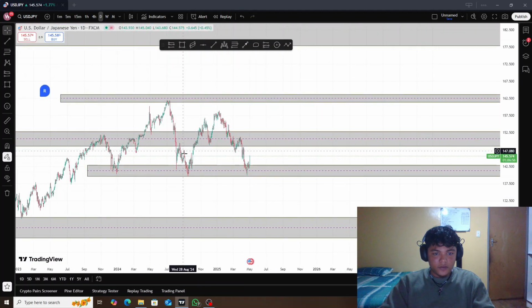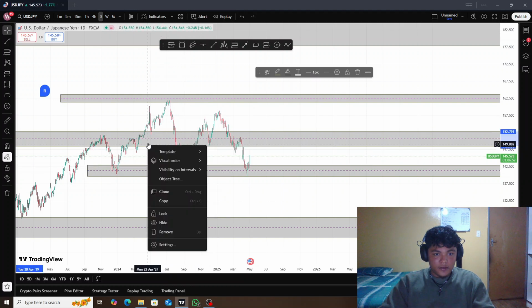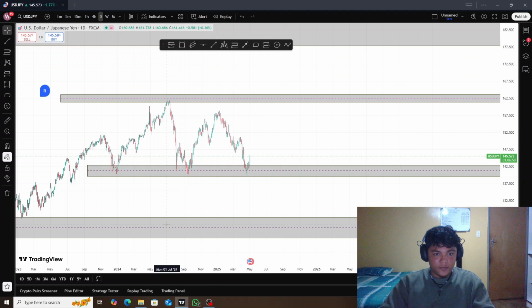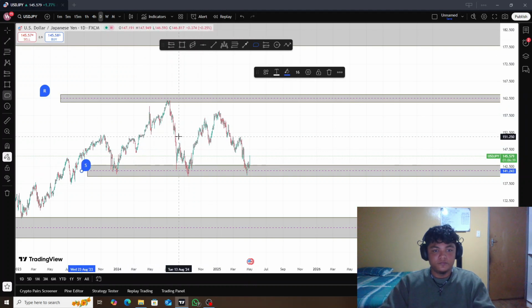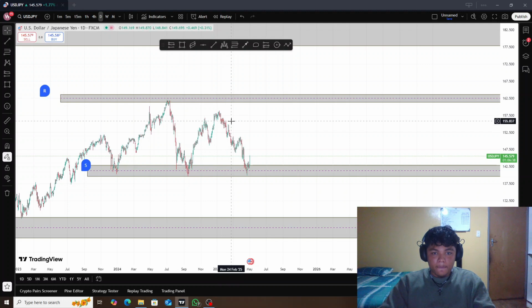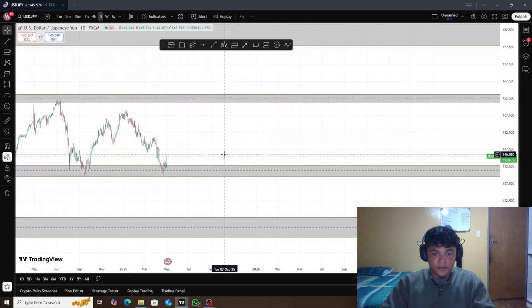It came down to the support again. So now we delete this one here because it's in the way. It's not valid anymore. It would be support. It didn't touch there, it came down.